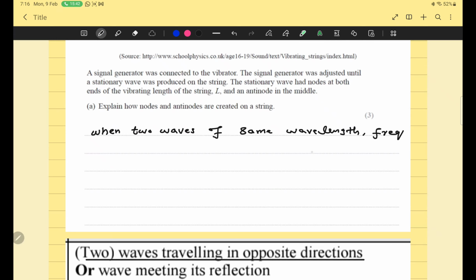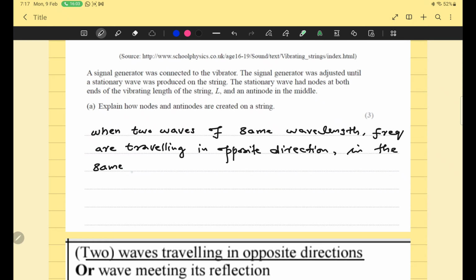When two waves of same wavelength and frequency are traveling in opposite direction in the same medium, superposed upon each other.